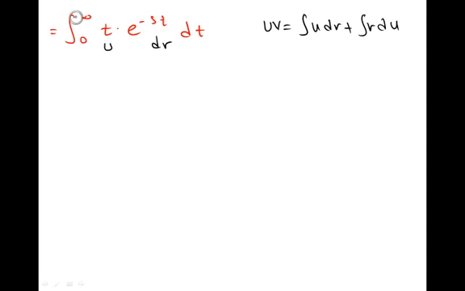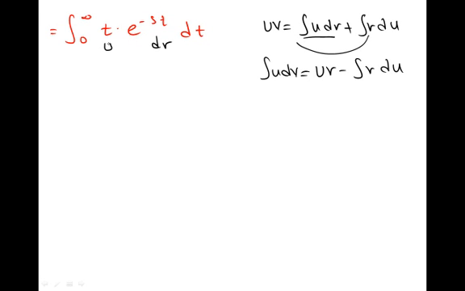I have integration of u dv. So bring this one back: integration of u dv equals uv minus integration of v du. I brought this one back and made it minus here.